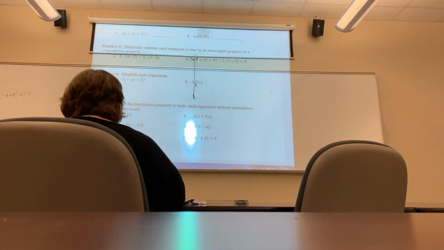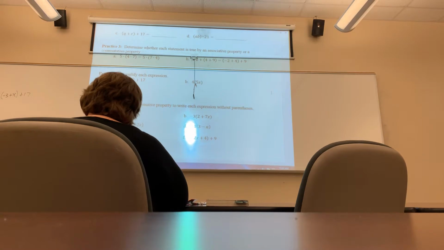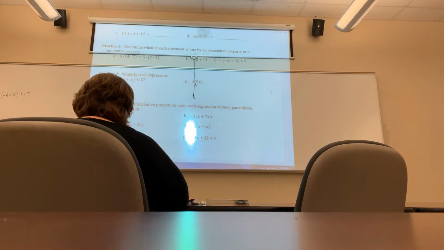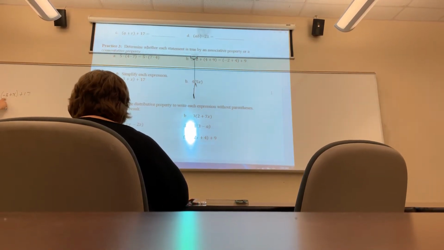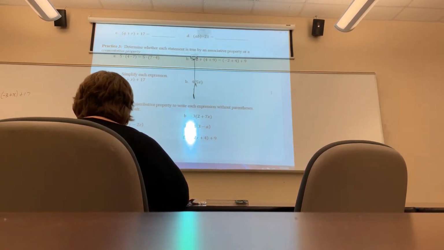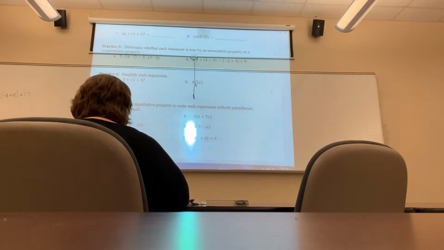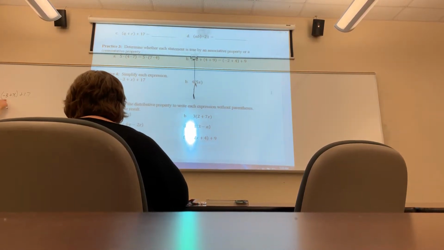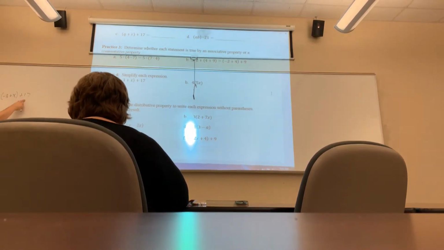I'm just going to go ahead and do it the step-by-step way with the properties so that you can see what they're trying to get at here. The first thing I would notice is that the two that I can actually combine are the -3 and the 17. Because I can't add a letter to just a number. They're not like terms, right? So the first thing I realized with that grouping is I need to get those two together.